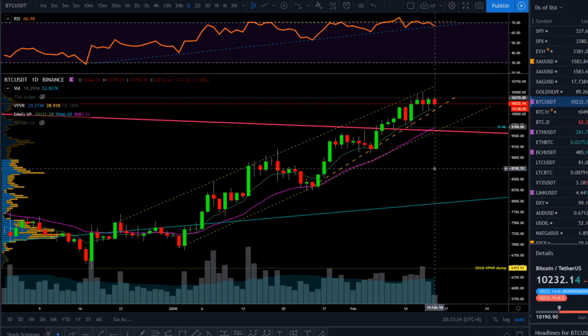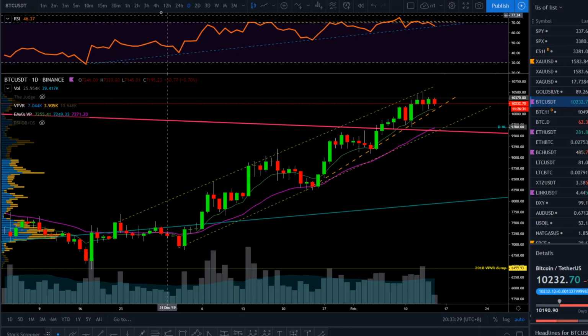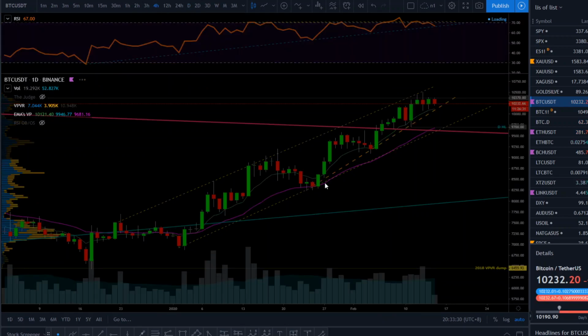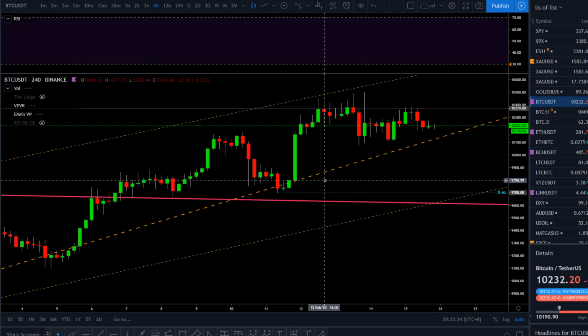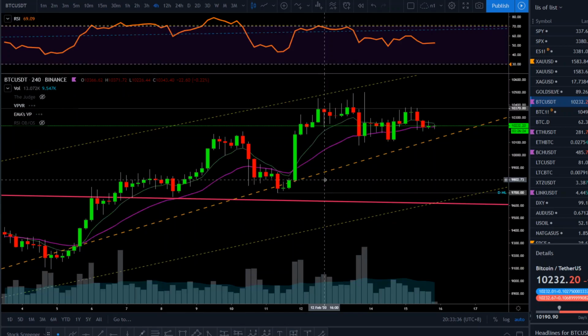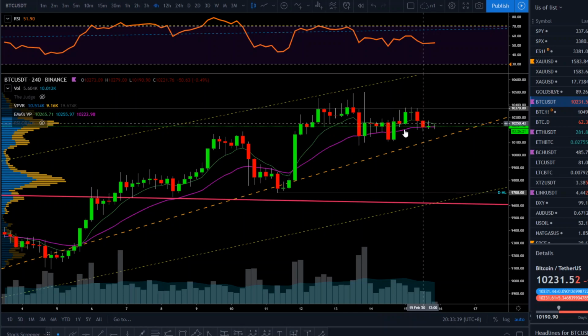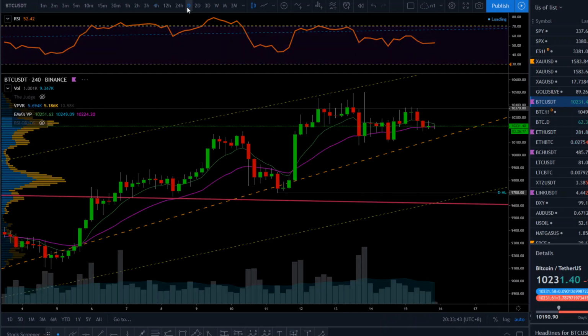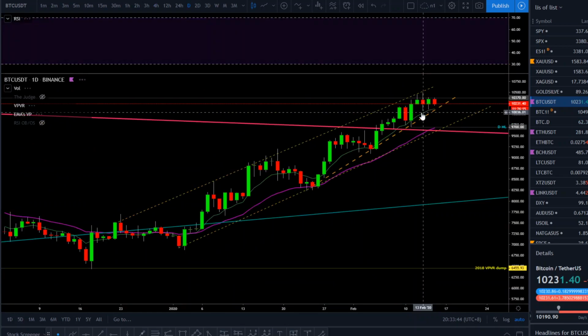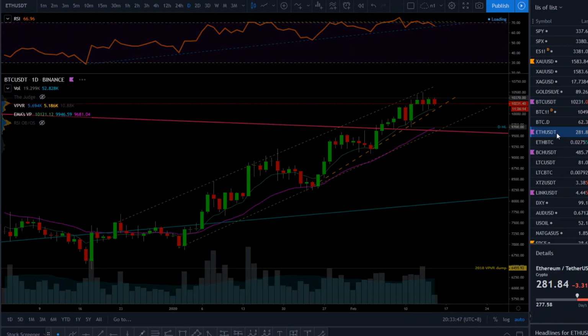So yeah, that's the Bitcoin here. In the 4 hour it's testing its 21 EMA, but we did break it below here, so never mind that. Let's have a look at Ethereum.